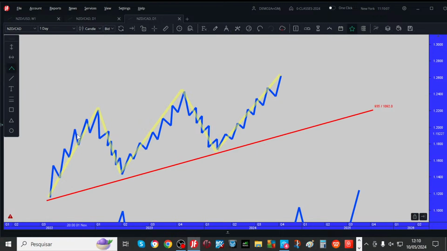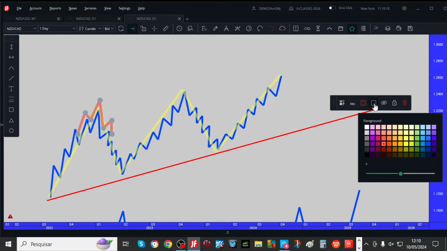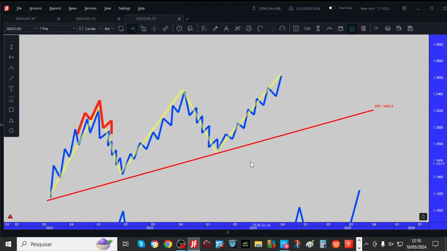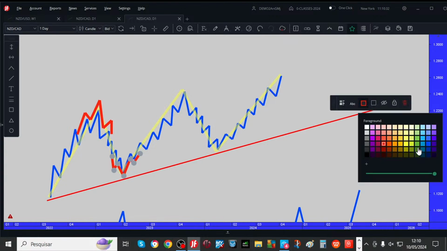Can you see, everybody, that every single time the market reversed, the market crowned? Red crown for the short, and here, instead of making a lower low, it made a higher high. Green crown for the bullish crown, right?